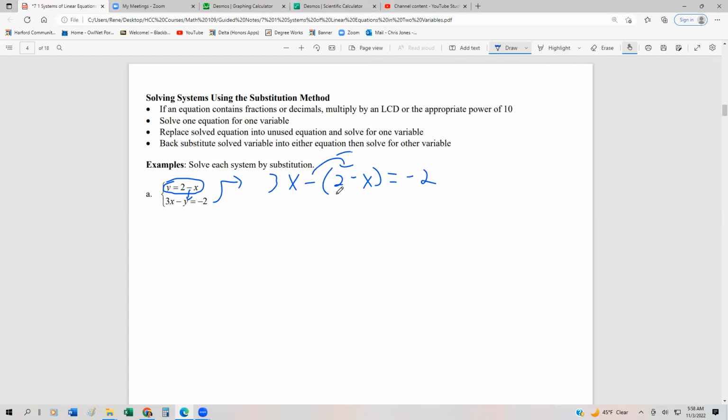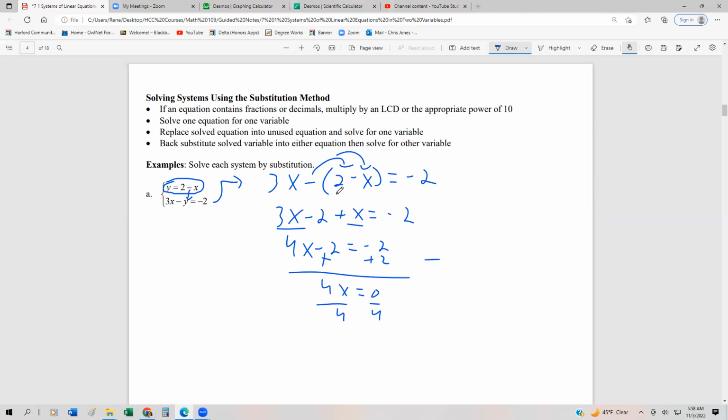I'm going to distribute, and so I get 3x minus 2 plus x equals -2. Combining like terms, I get 4x minus 2 equals -2. I'm going to add 2 to both sides: 4x equals 0. Dividing by 4, we yield one solution, which is x equals 0.